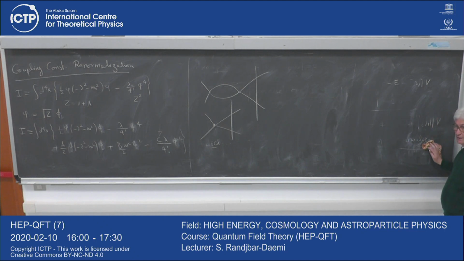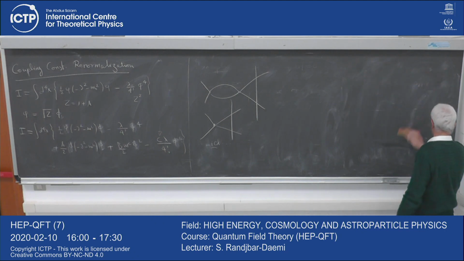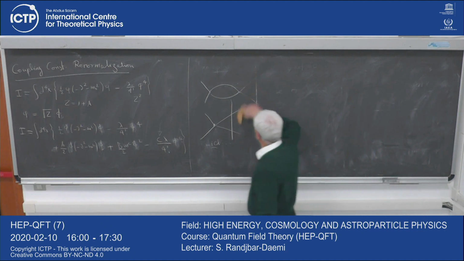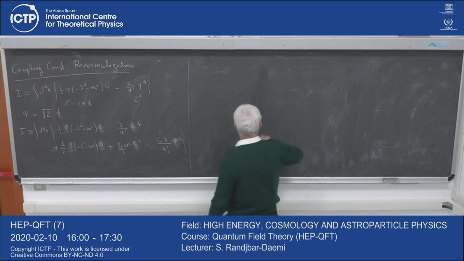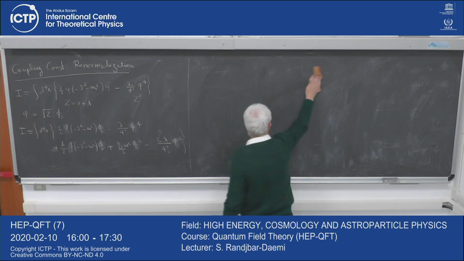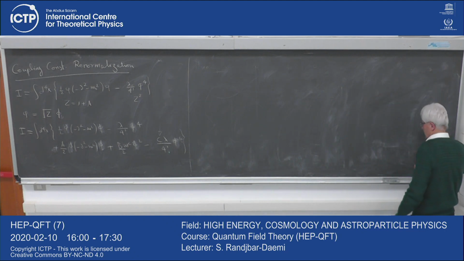Did you discuss Ward identities in QED? Yeah. Good. So I don't need to discuss it. That's good to know. That's very powerful. The Ward identity puts a lot of constraints on the things that can happen.